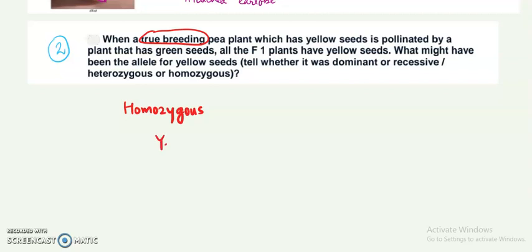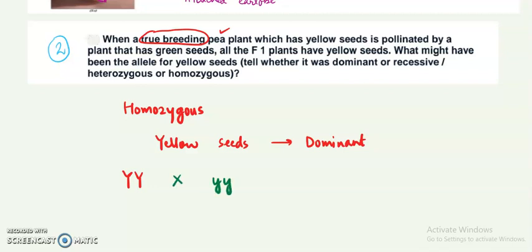Now once they are talking about yellow seeds here, you should quickly get an idea that they are talking about the dominant seed color in the pea plant, because they are talking about pea plant. So true breeding pea plant that has yellow seeds, that means the genotype of one would be capital YY, and the other would be green seeds.